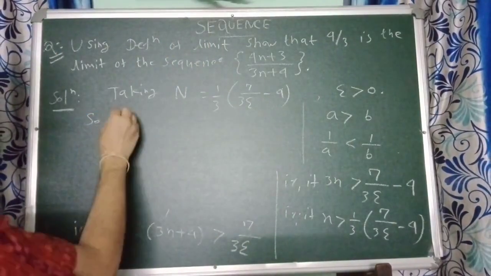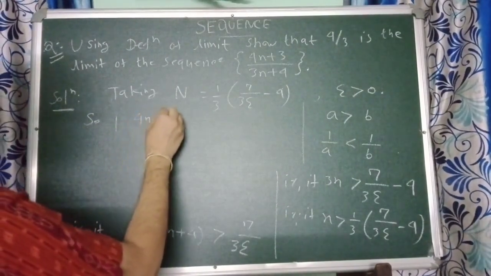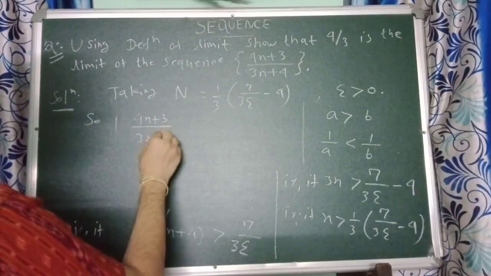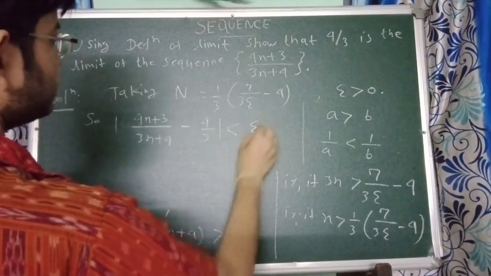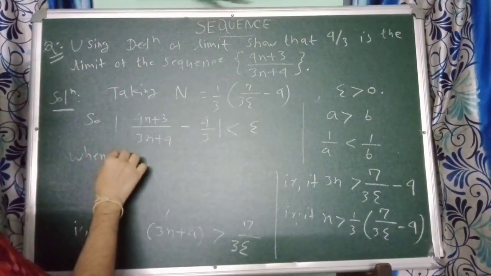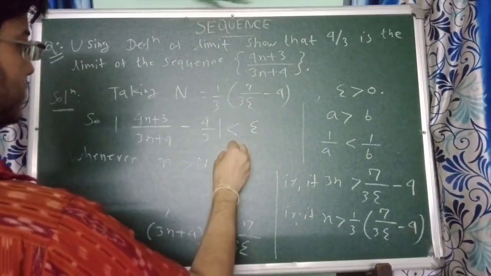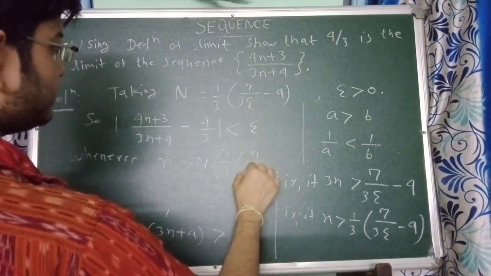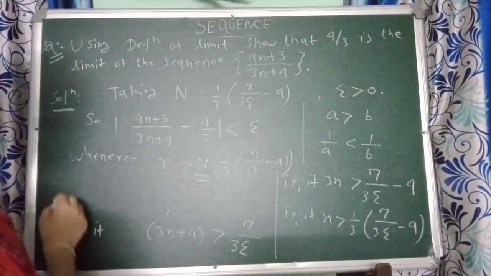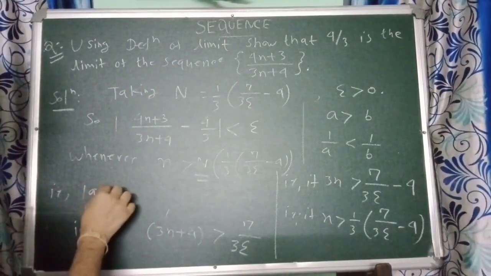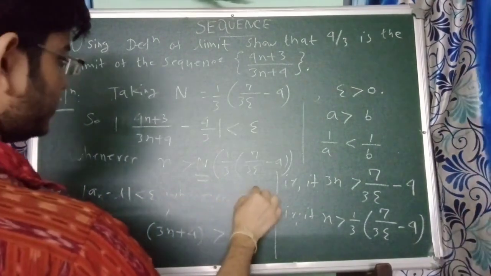So we see that this 4n plus 3 divided by 3n plus 4 minus 4 by 3 is less than epsilon whenever n is greater than capital N, and capital N equals to 1/3 of 7 by 3 epsilon minus 4. So you get this kind of capital N, that is, a_n minus L is less than epsilon whenever small n is greater than capital N.